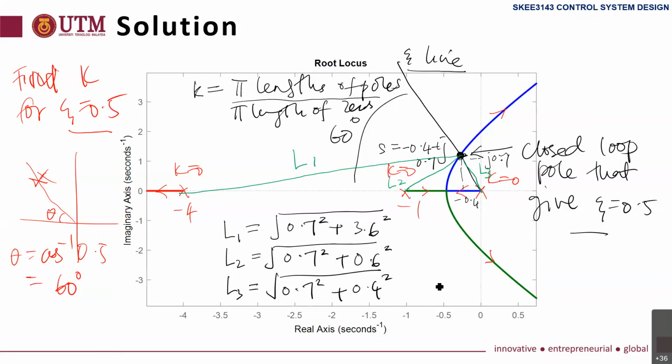And K is L1 times L2 times L3, divided by 1 because there is no zero. If we have a zero, then we divide by the distance to the zero. Please calculate. What will you get? I don't have the answer based on this point. Anyone give me the value of K?